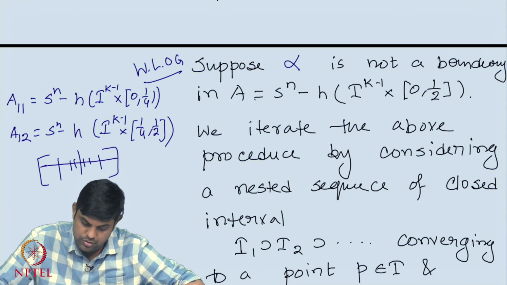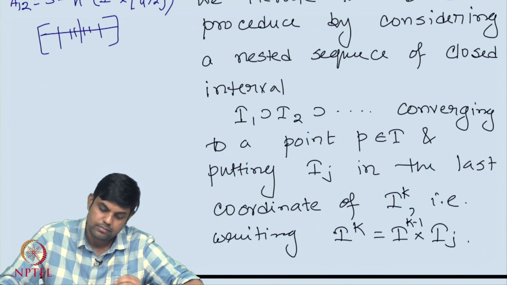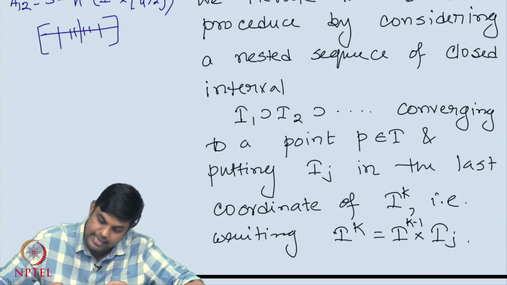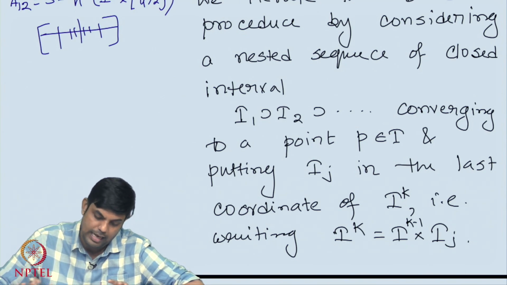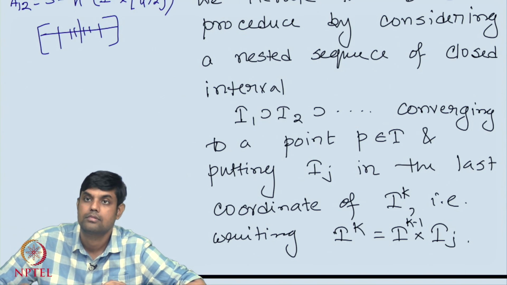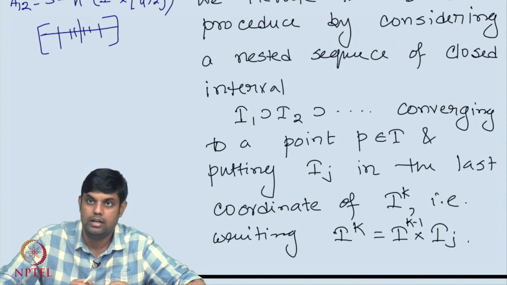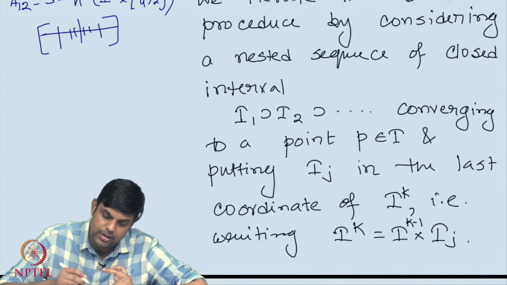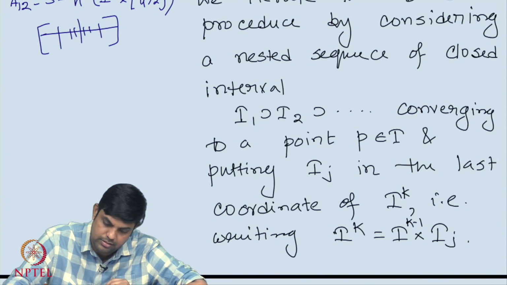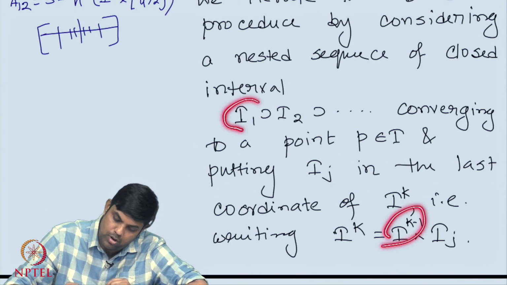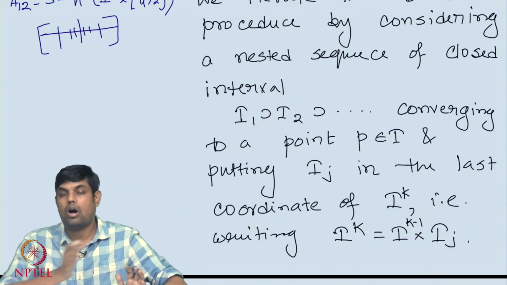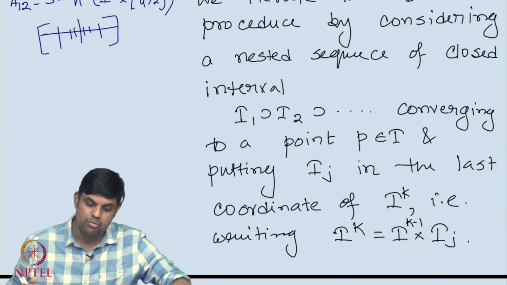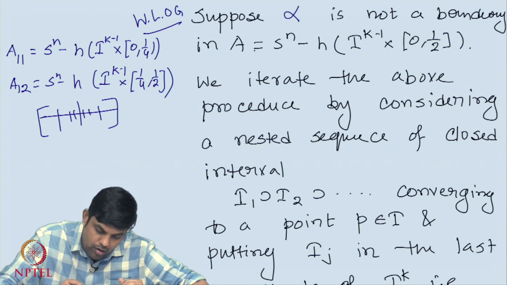Therefore, I can write I_k as I_{k-1} cross I_j. So, what happens if I look at this nested sequence, I_{k-1} cross I_1, I_{k-1} cross I_2, I_{k-1} cross I_3?